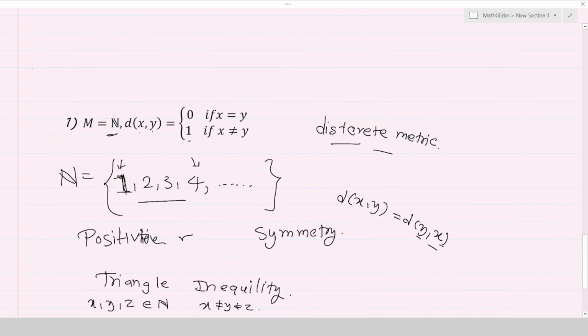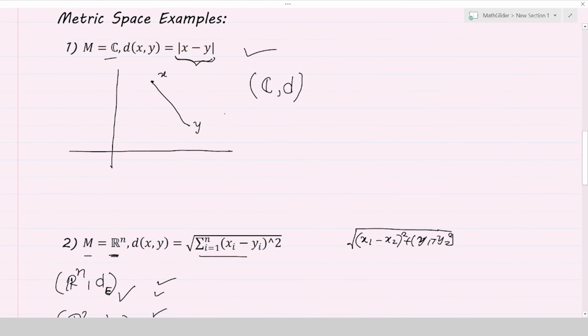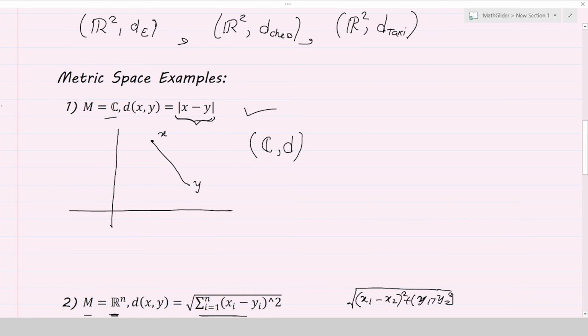So we will say here that the set of natural numbers with this discrete metric is now a metric space. So we saw these 4 examples of metric space.